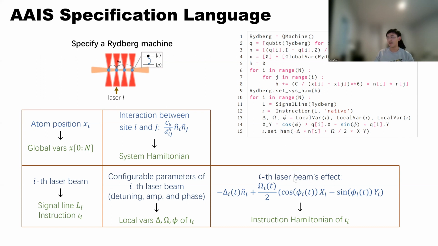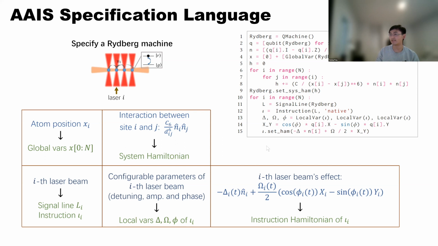Then we program the effect of this instruction delta i, which corresponds to the ith laser beam effect, which in Hamiltonian form is described as this long expression. And we simply program this expression in line 14 here, and set the instruction Hamiltonian using the method on line 15 here.